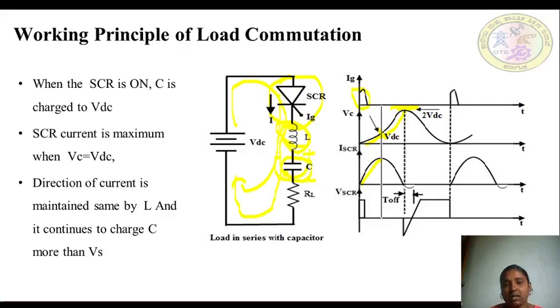Therefore, due to this reverse potential applied by the capacitor, the SCR is going to turn off. See here, slowly the current across the SCR is also reducing. Once the potential of the capacitor is 2 times the supply voltage, the SCR is reverse biased and the current across the SCR will come down to 0. Then the SCR is turned off.